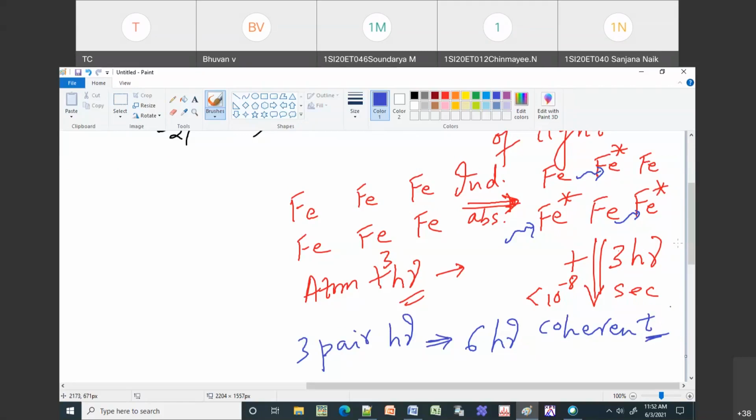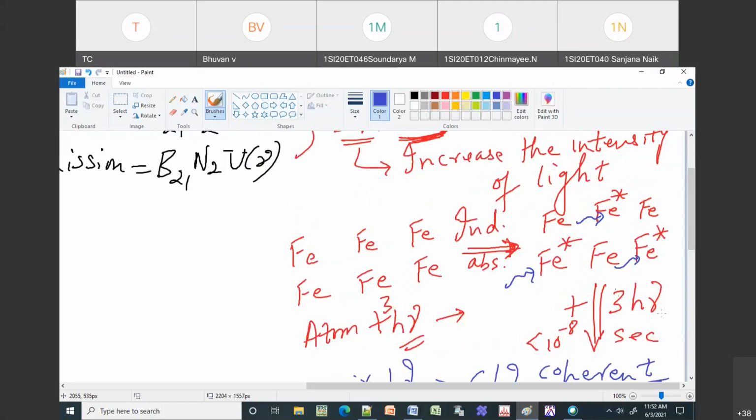But as you see here, if I give only 3 photons, this photon can actually interact with an atom which is already in ground state. We expect this photon to interact only with the atom in excited state, but instead it may interact with this one. Then you will have induced absorption.